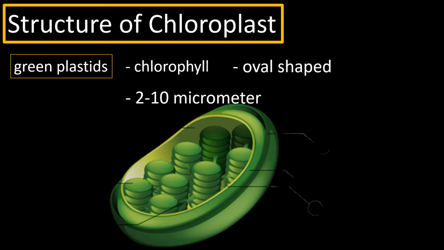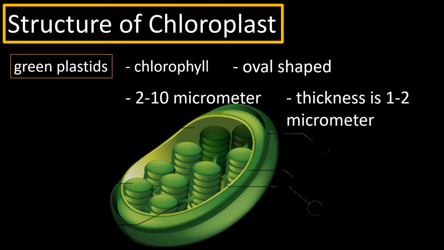The thickness of the chloroplast is 1 to 2 micrometer. What is the shape of chloroplast? Oval shaped.